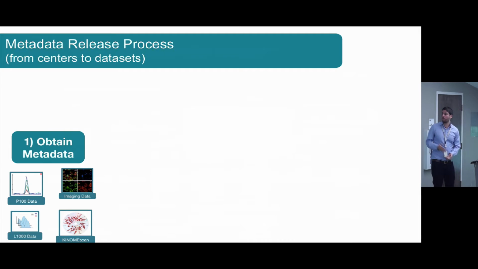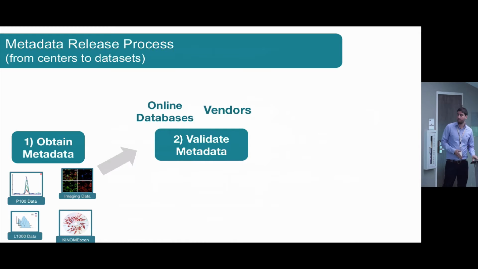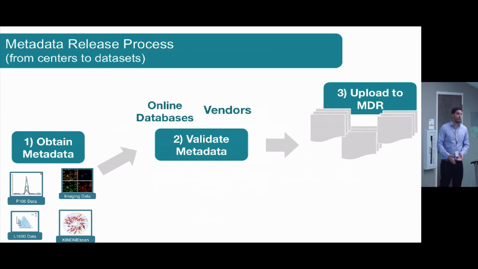And this is a small overview of what we do with the metadata. It's only a 3-step overview. First, we have to obtain the metadata through the ways we talked about before from the centers. Then the metadata come to the DCIC and we have to validate them. We contact vendors, or we go back to the generation centers, or we check online databases to verify that what was sent was what was meant to be sent.